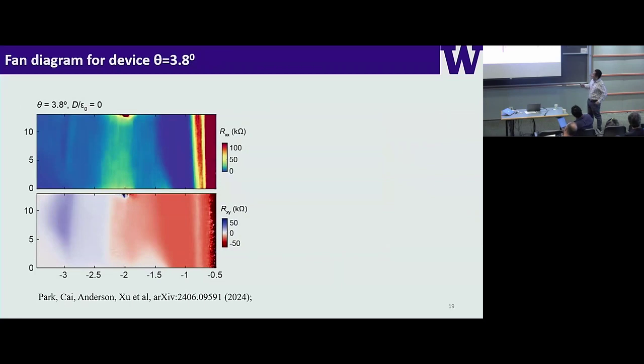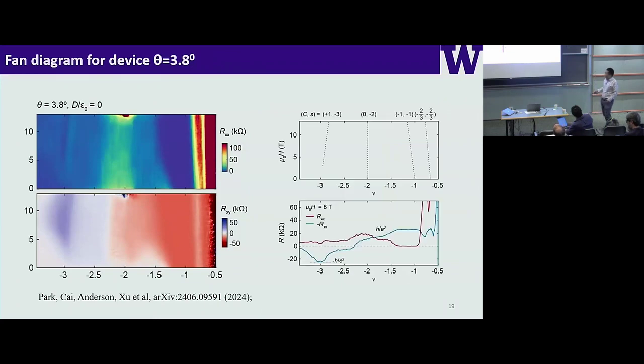So we can further understand this data by looking at the Landau fan diagrams. First I highlight the data from these 3.8 degrees. The top is RXX, the bottom is RXY. All right, you see that there's a dip developed at high magnetic field. And if we just extract the slopes, you will see that the state at the filling factor -3 has a slope of 1.